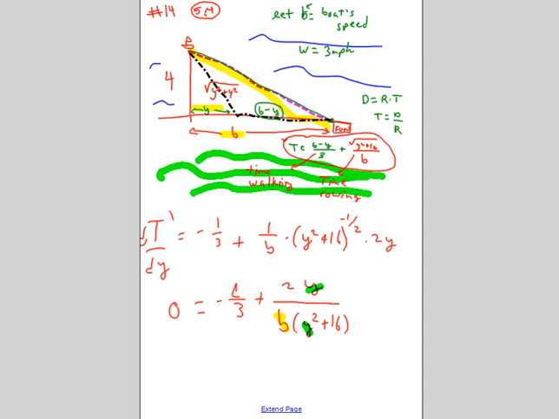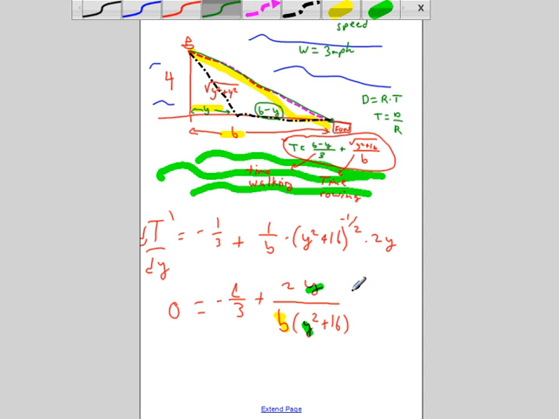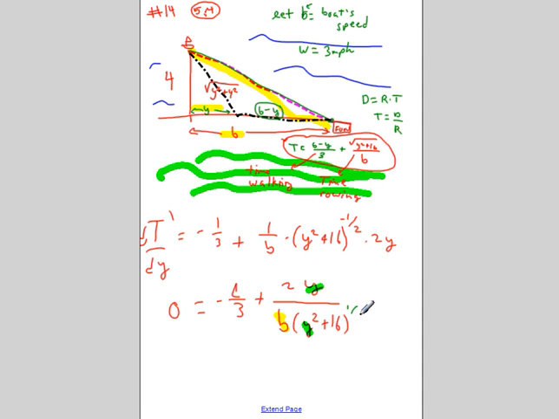And that should have just been positive 1/2. Okay, so what we're saying is we want our minimum time, so we set our derivative equal to 0, and we want our minimum time to occur when y is 6 so that we're rowing straight to shore.